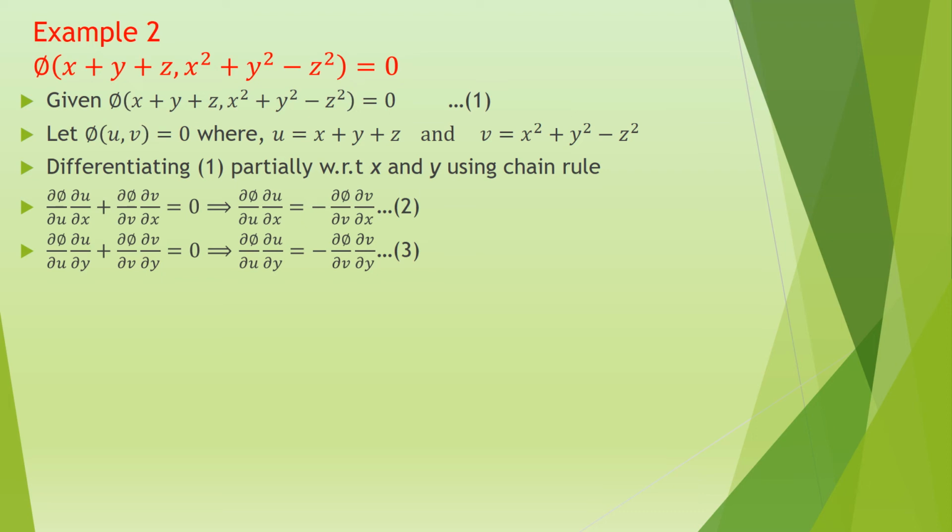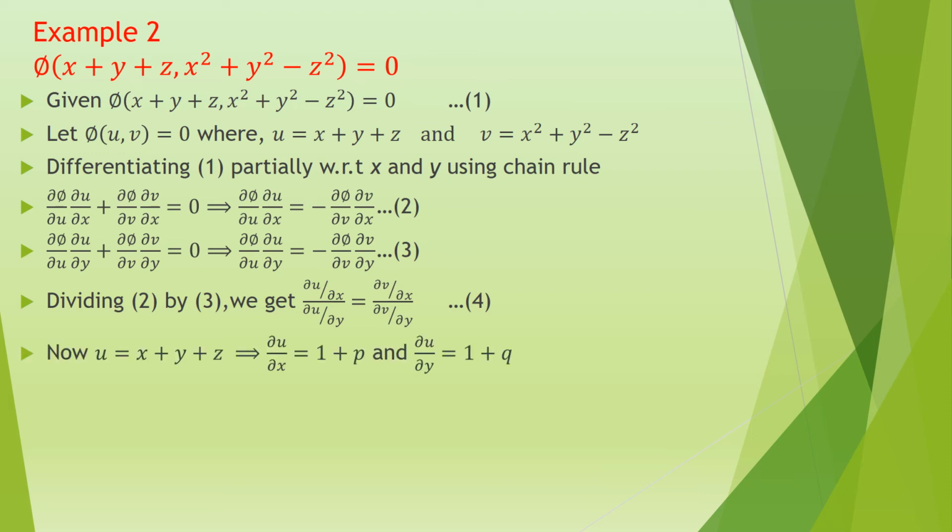So if you divide equation 2 by 3, we will get the required PDE. So dividing, what remains? (∂u/∂x)/(∂u/∂y) is equal to (∂v/∂x)/(∂v/∂y). So if you substitute these values, we will get the required PDE, and denote it as equation number 4.